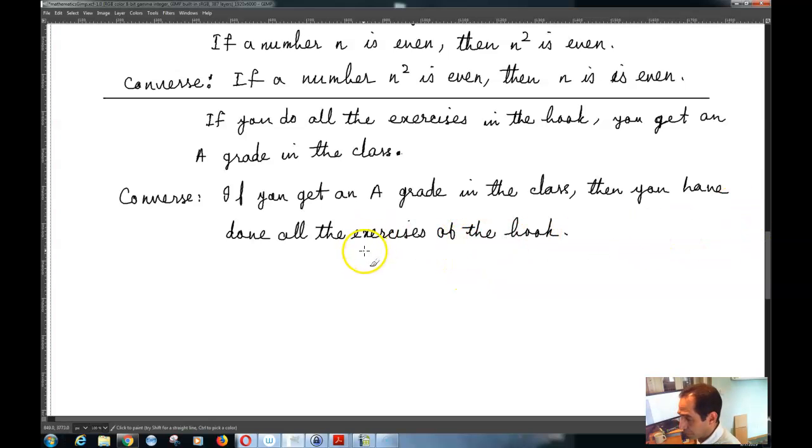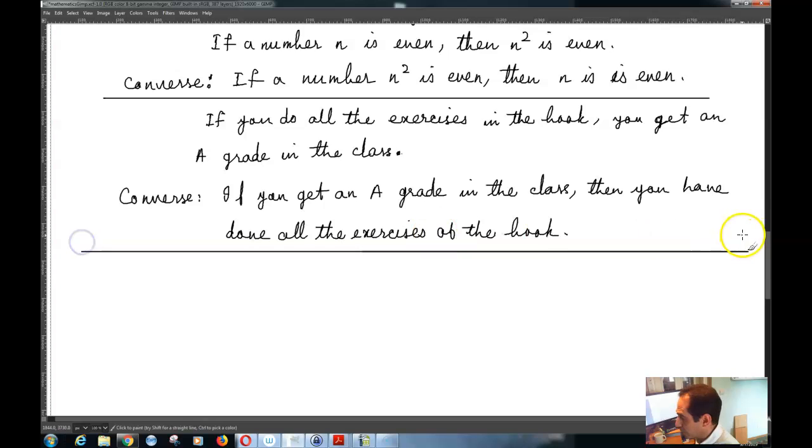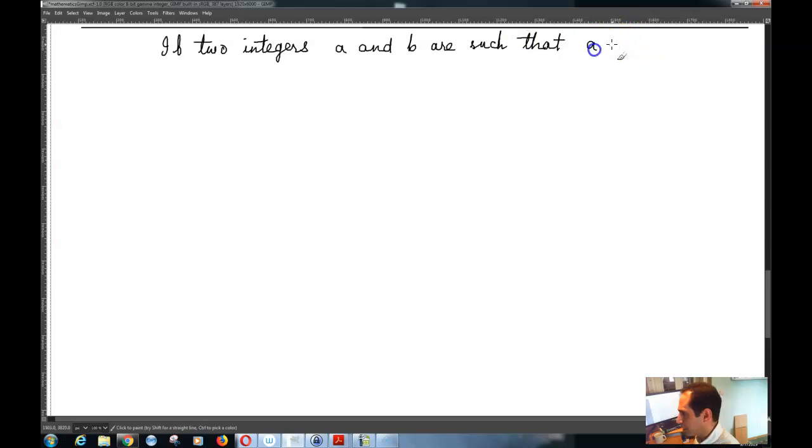Okay. Now the next thing that we have here is: if two integers a and b are such that a is greater than b, then a minus b is always a positive integer.